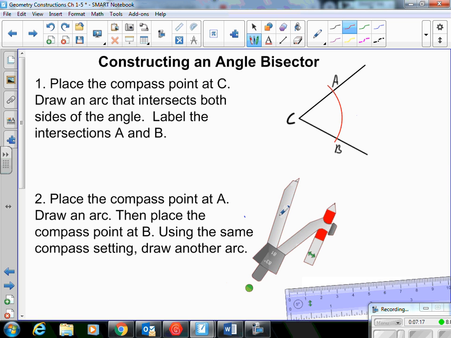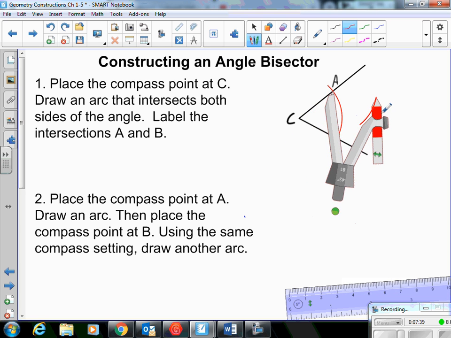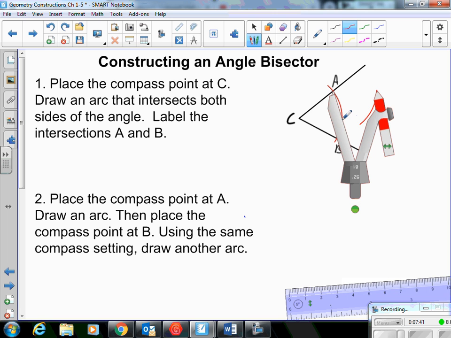And then we're going to put the compass point at A. And with it at A, we're going to draw an arc out here in the middle. It doesn't matter how big it is as long as it looks like you're crossing what would be the middle of the angle with it. Okay.